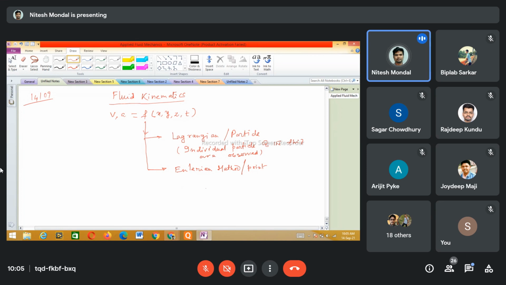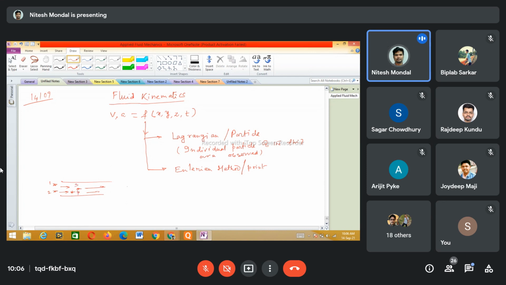And the Eulerian method is more popular than the Lagrangian method because, if you consider a pipe with fluid flowing through it, there are a number of fluid particles flowing through this pipe. In the Lagrangian method, you have to study all the particles, 1, 2, 3, 4.